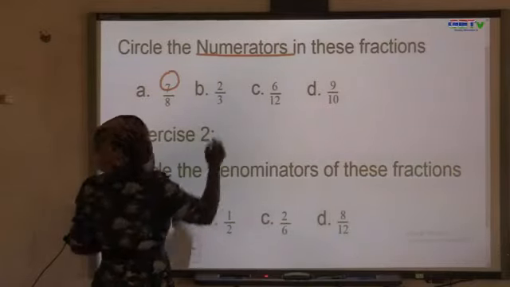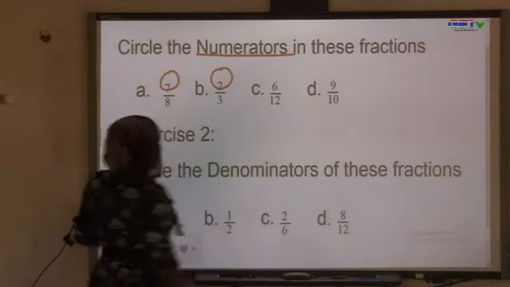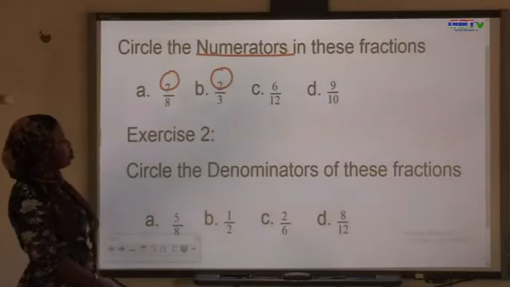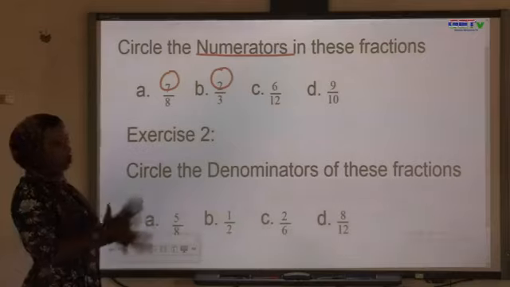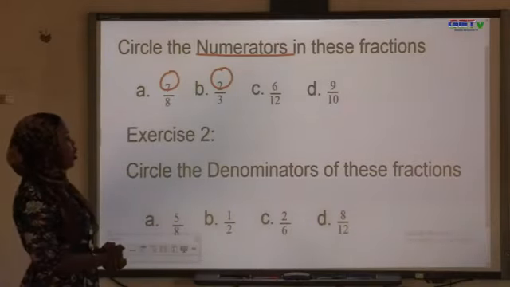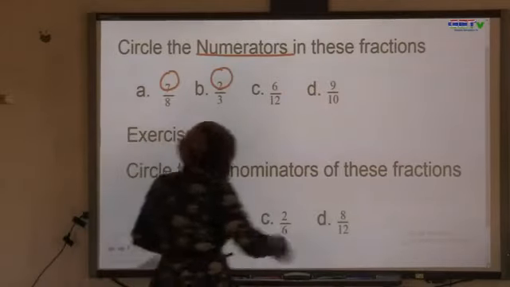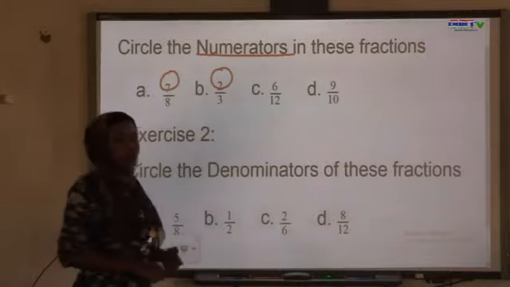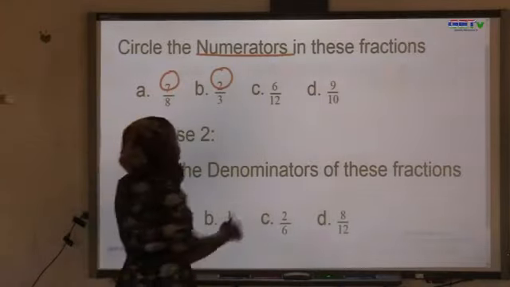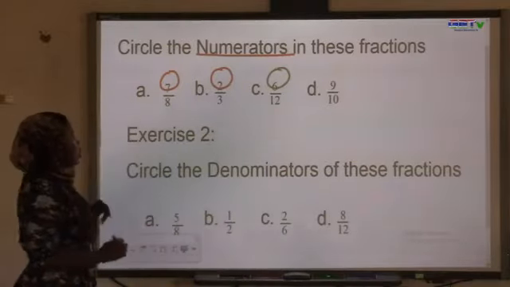So 2 is our numerator in B. How about C? C, we have 6 over 12. And the number above the fraction bar is 6. So 6 is our numerator in C.